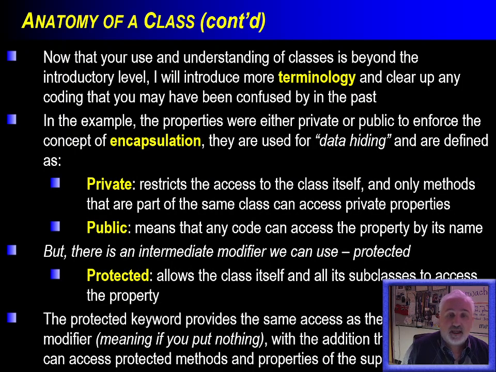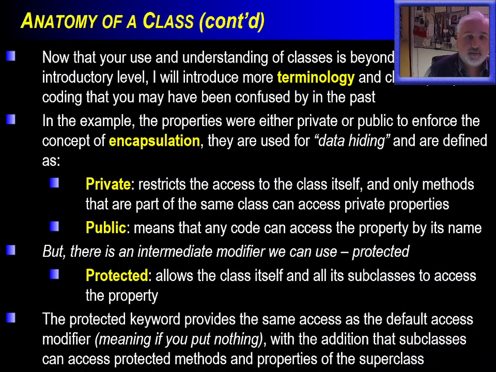In the 40S course, we go a step further. We talk about how in Java there is a level in between private and public called protected. Protected allows the class itself and the subclasses of that class to access things designated with the modifier word protected.